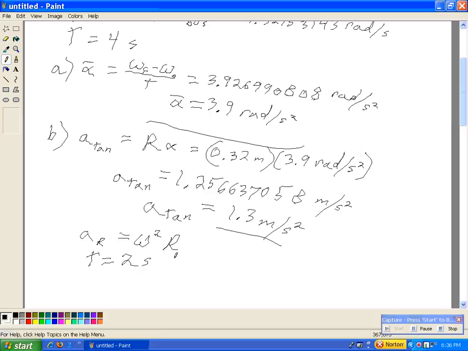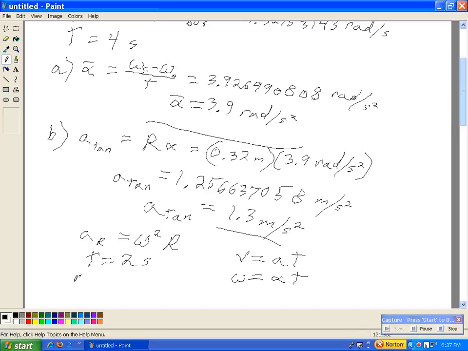So the way to figure this out is just like velocity: linear velocity is linear acceleration times time. What's also true is angular velocity is determined by the angular acceleration times time.